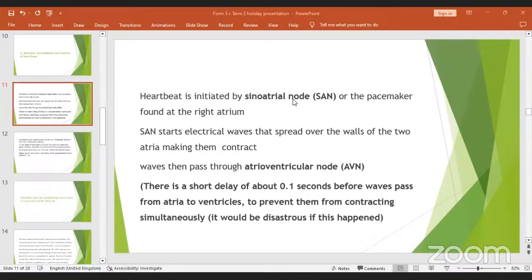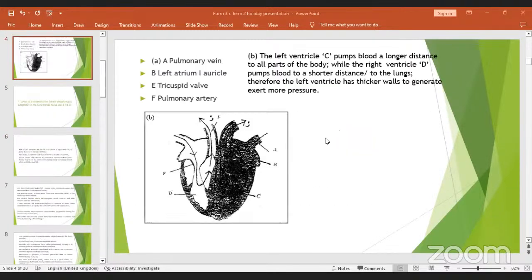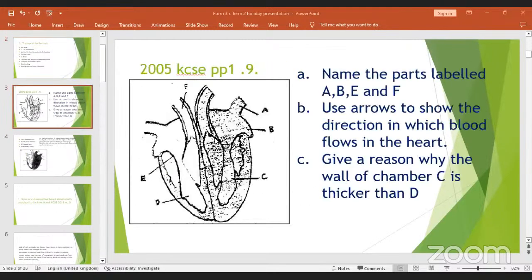The atrioventricular node is found at the atrioventricular septum, that muscular layer that separates the left and the right side of the heart, preventing mixing of oxygenated and deoxygenated blood. Let me just come to the diagram here.